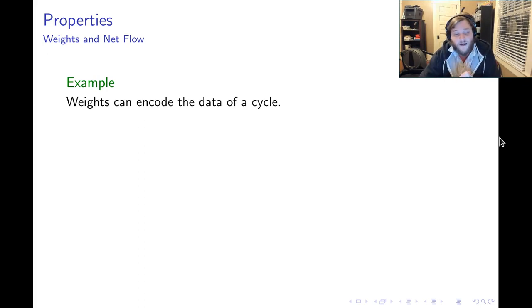And one thing that's useful to point out is weights don't have to necessarily correspond to something like in real life, like money does. They can also encode interesting things about the digraph. For example, you can use weights to communicate the data of a cycle in the digraph.